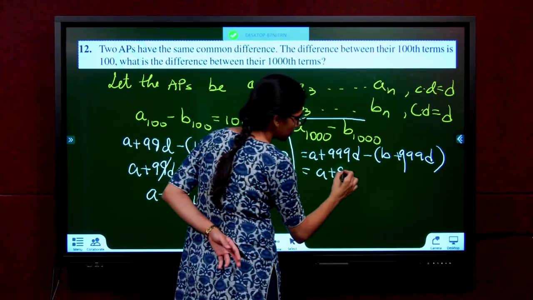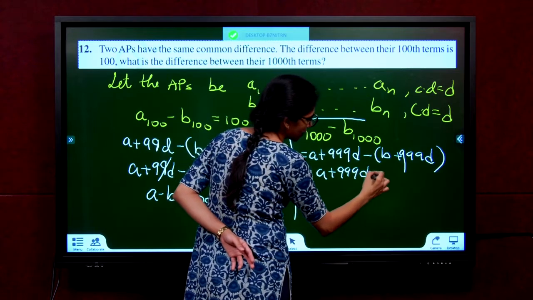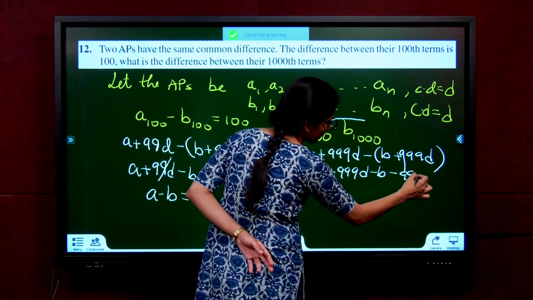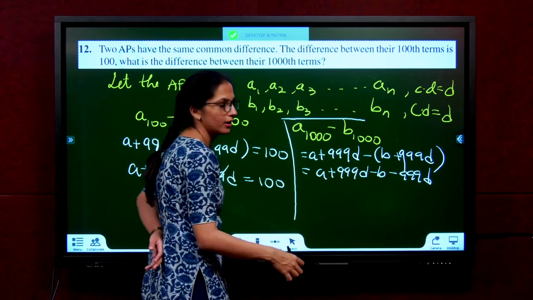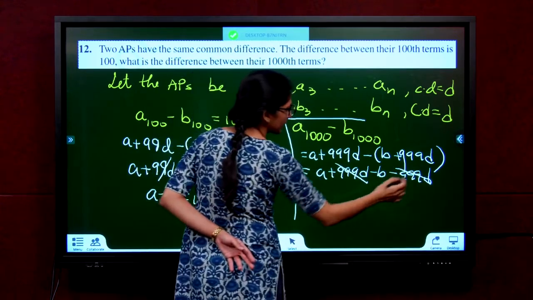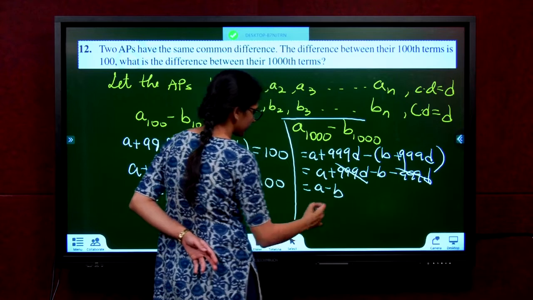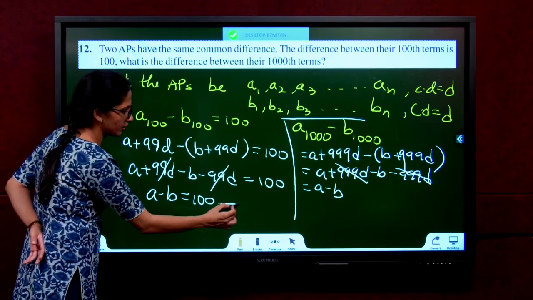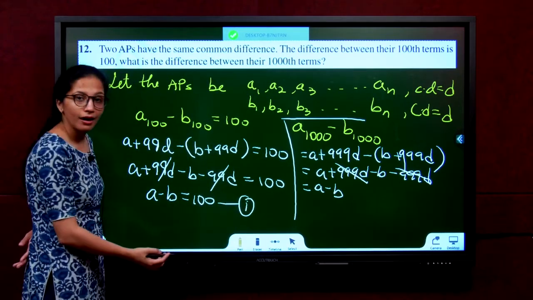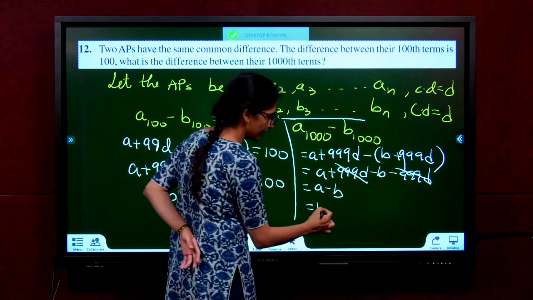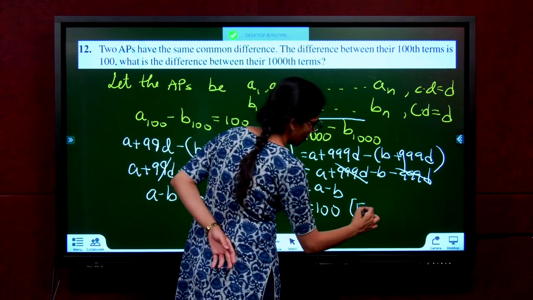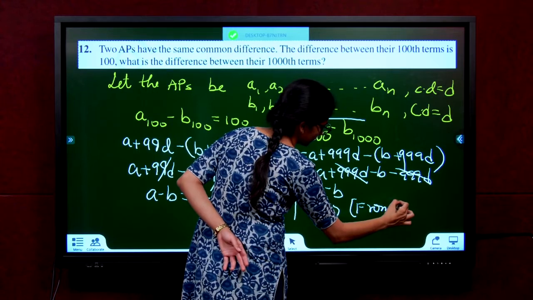A plus 999D minus B minus 999D. 999D minus 999D cancels. You are left with A minus B. From this, what is A minus B? 100. So can I write this as 100? How? From 1.